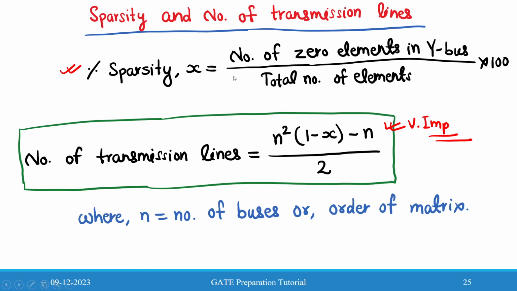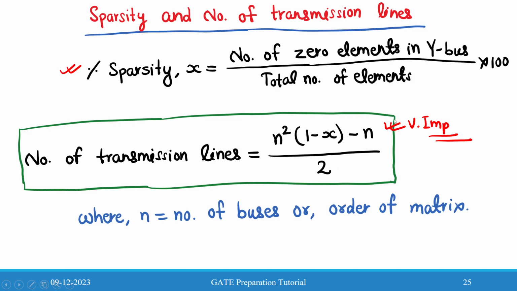Basically, it denotes how closely your transmission lines are connected, or how they are not connected with each other. So the more the sparsity, the fewer the lines connected to each other. The other expression is how, by knowing the sparsity of the matrix, you can directly find the number of transmission lines.